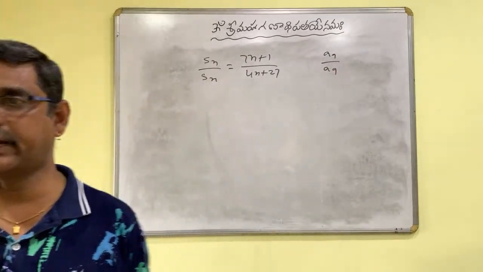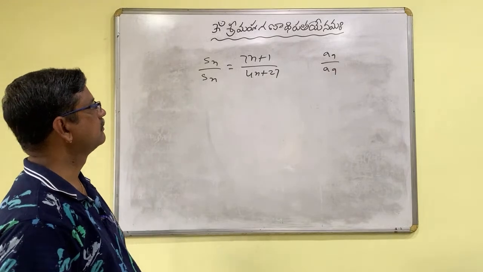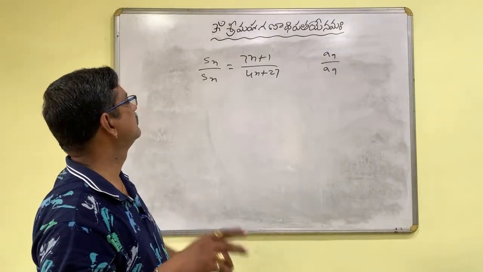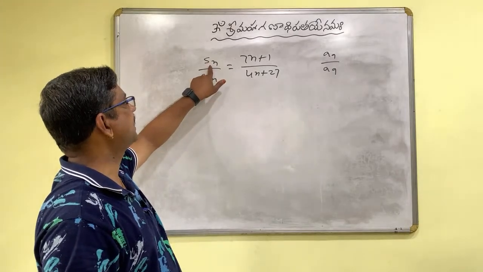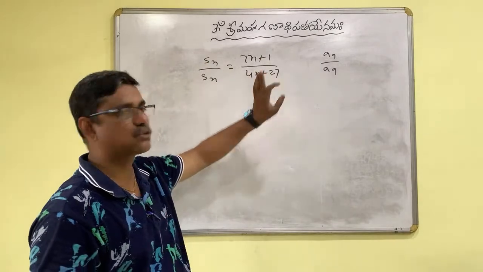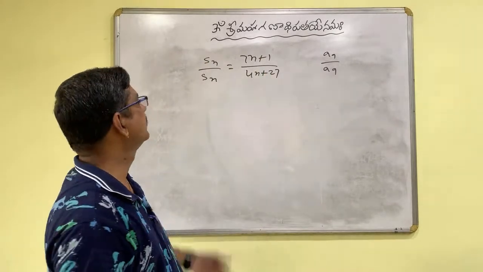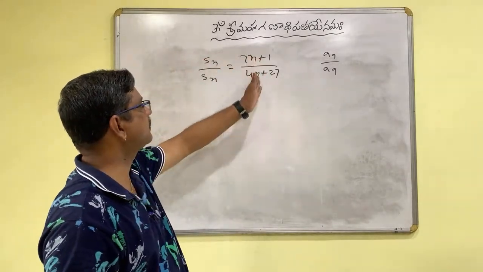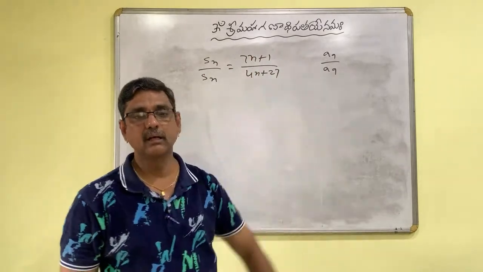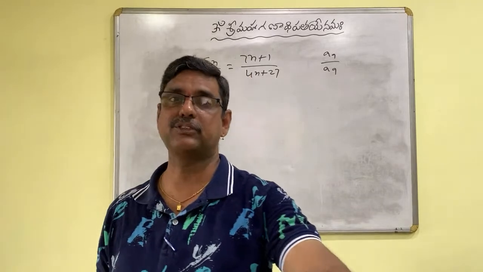Typical problem, important model. We have two APs. Sn of one AP is 7n plus 1, the second is 4n plus 27. Their ratio is given as 7n plus 1 by 4n plus 27. We need to find out the ratio of their ninth terms.